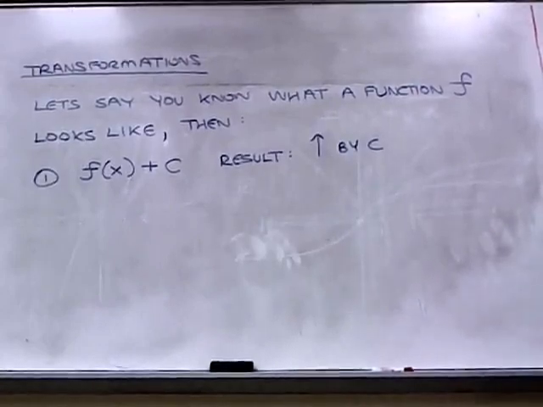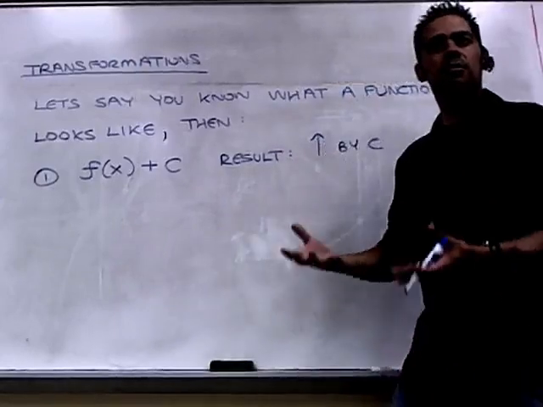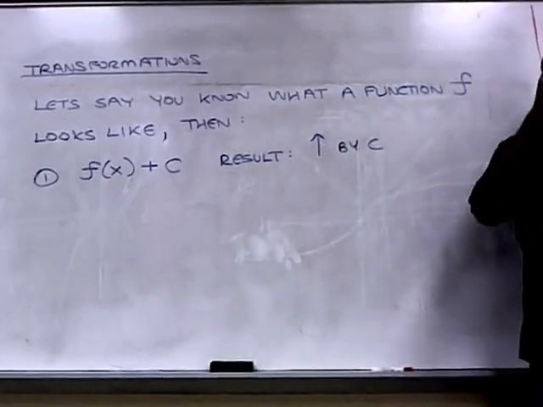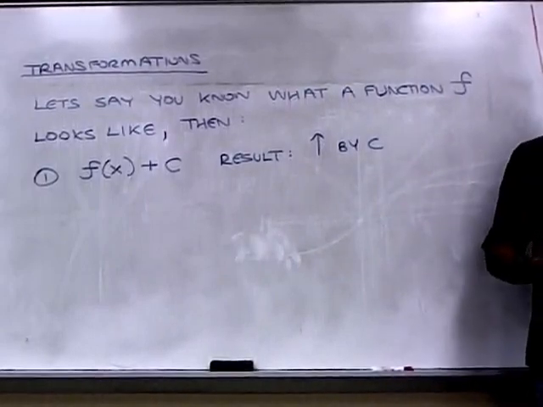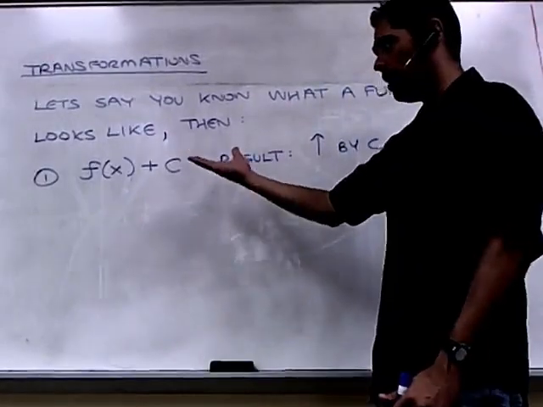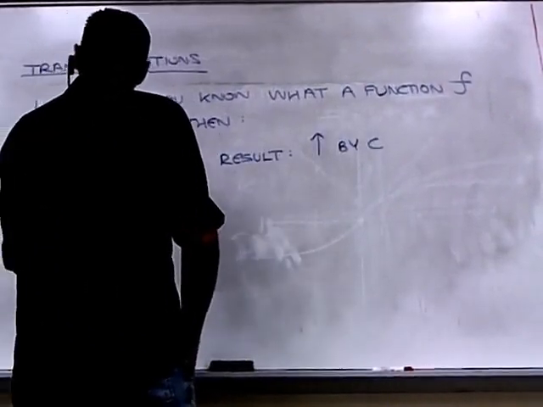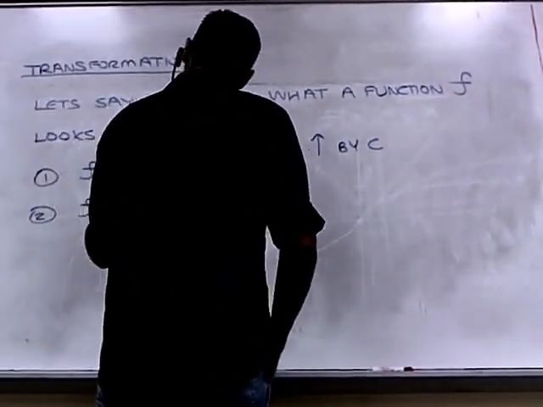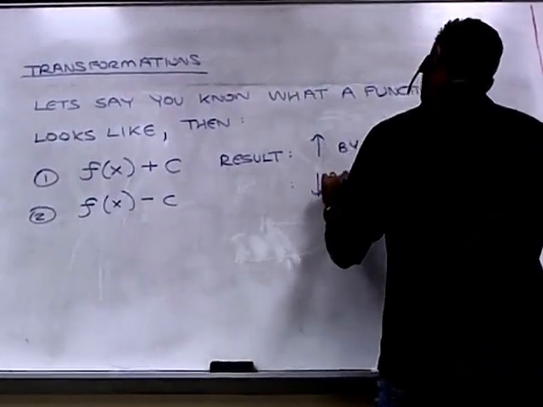So take some function you already know what it looks like, and you add some number to it, like you add 10. What you're going to do is take that whole picture and you're going to move it up 10. That's how it transforms the graph. I'm going to do a bunch of transformations, and I'm going to do a bunch of examples. Okay, what do you think happens if you subtract it? You're going to go down. The result, down by c.